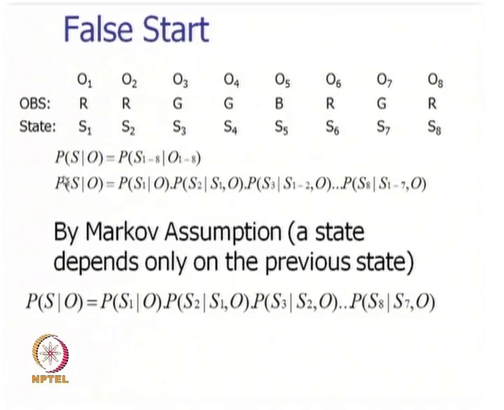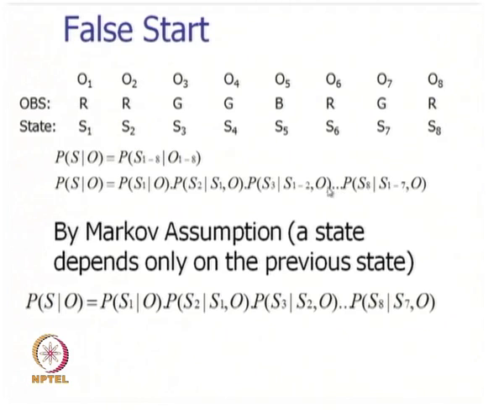So, by applying chain rule, we obtain P(S given O) as P(S1 given O) into P(S2 given S1, O), where S1 becomes the conditioning variable, then P(S3 given S1 and S2), which is written as S1 to 2 and O, and lastly P(S8 given S1 to 7 and O).